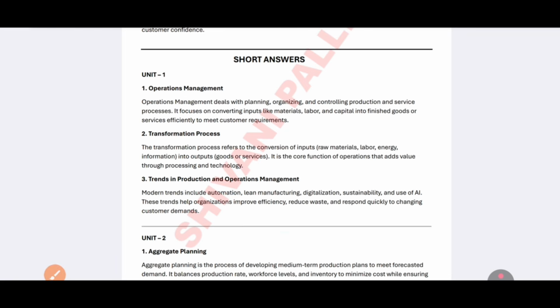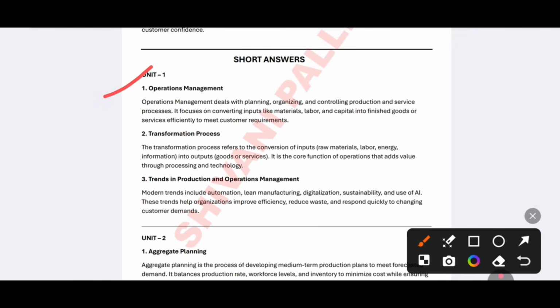So the first important question is operations management from the first unit. What is meant by operations management? It means planning, organizing and controlling all the production and service processes in an organization or a business. It deals with planning, organizing and controlling the services and the production of goods.